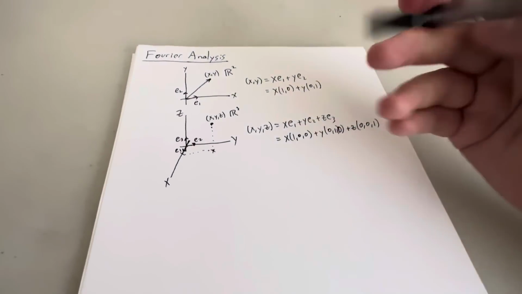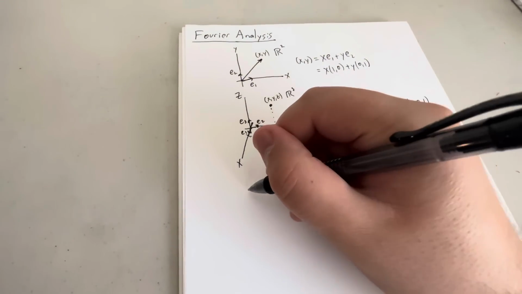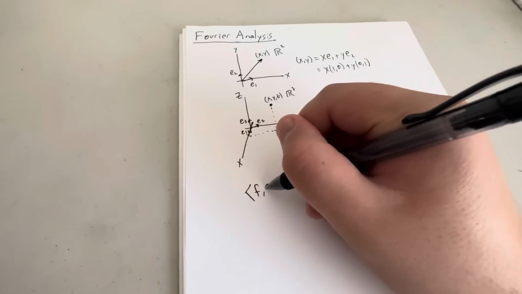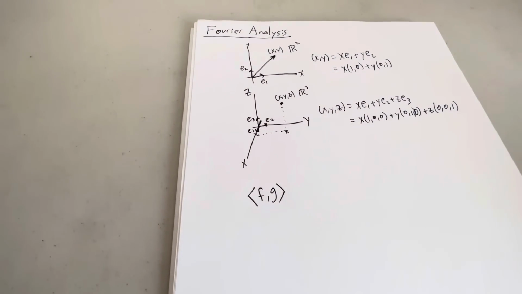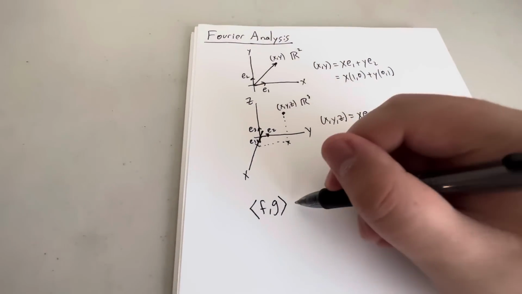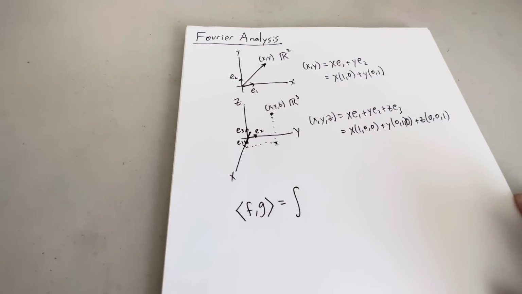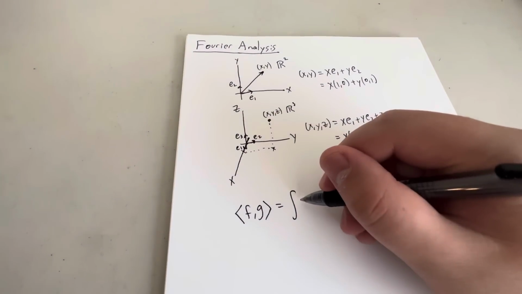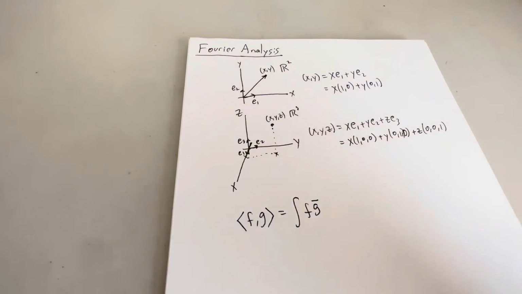So, the standard scalar product. We need a scalar product in order to talk about orthogonal vectors, for example. If I have two functions f and g, the common way that we see it defined is the integral of f g bar, so it's conjugate.